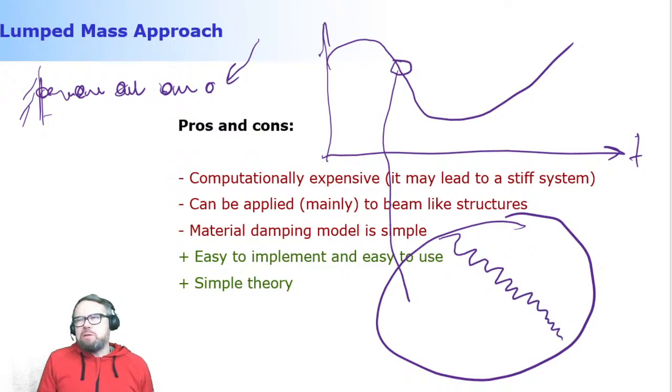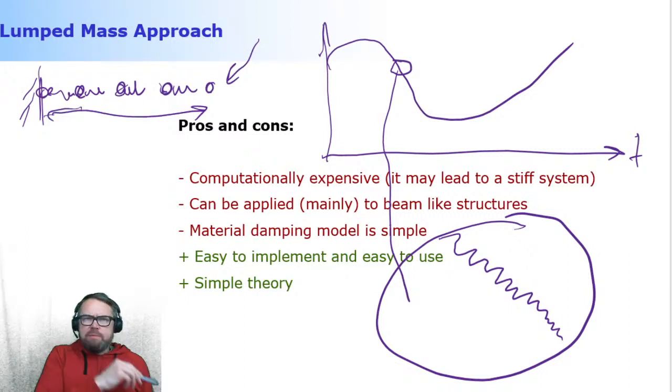But when you take a close look at what's going on in this structure, you can see this high frequency vibration, which is associated with high stiffness. And the high stiffness was again because of the axial deformation.